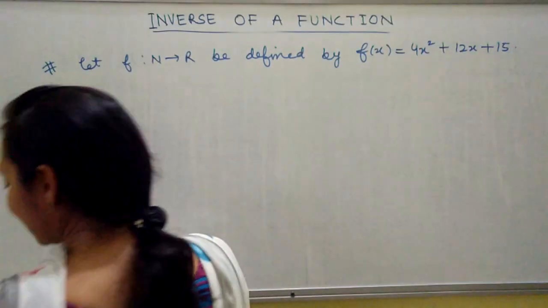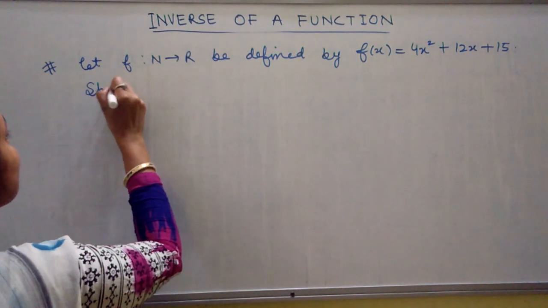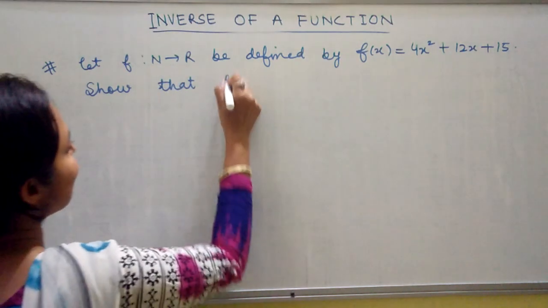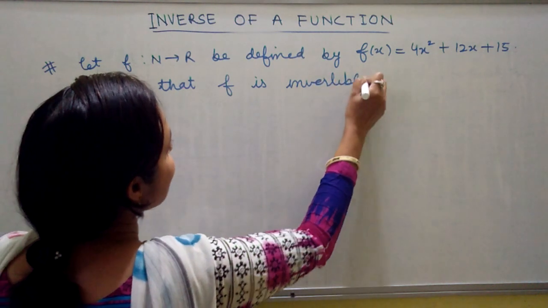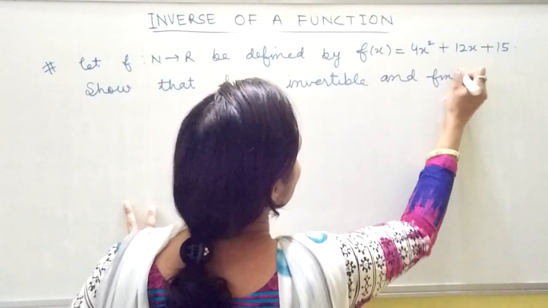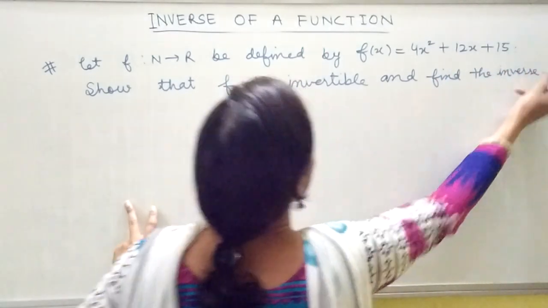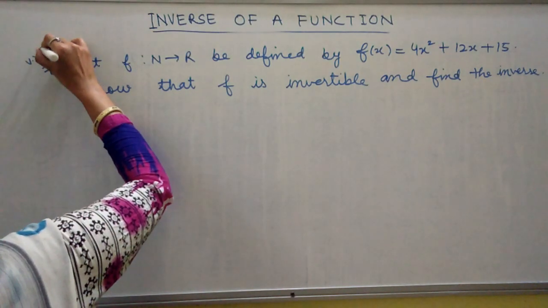Show that f is one-one, onto, invertible. Show that f is invertible and find the inverse. Very simple question, and a very important question.